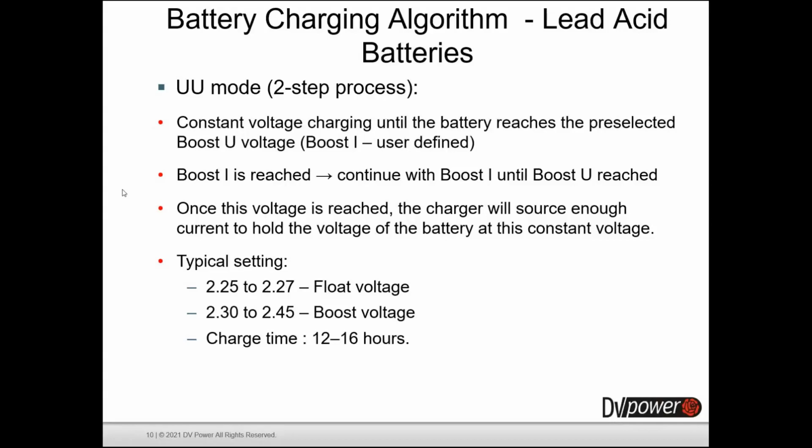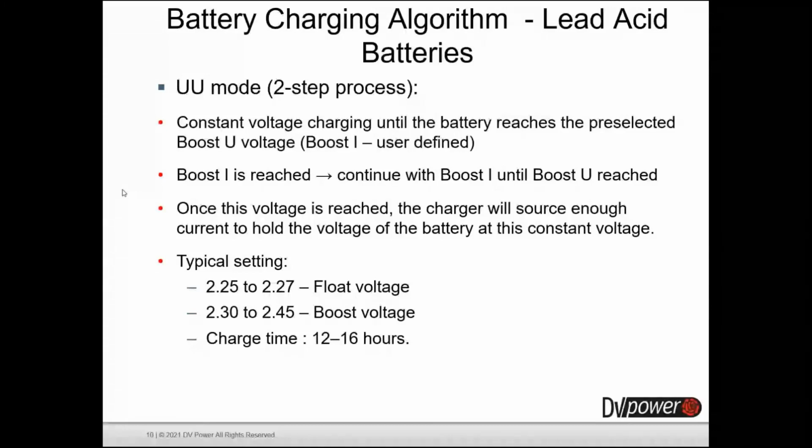In this case, the charger keeps that maximum pre-selected boost current until the boost voltage is reached. And then when the boost voltage is reached, the charger will source enough current to hold the voltage of the battery at this constant voltage for a certain amount of time, which is user selectable and which is provided by the manufacturer.